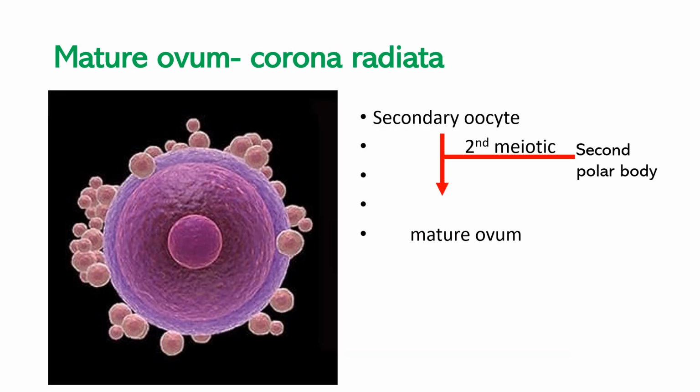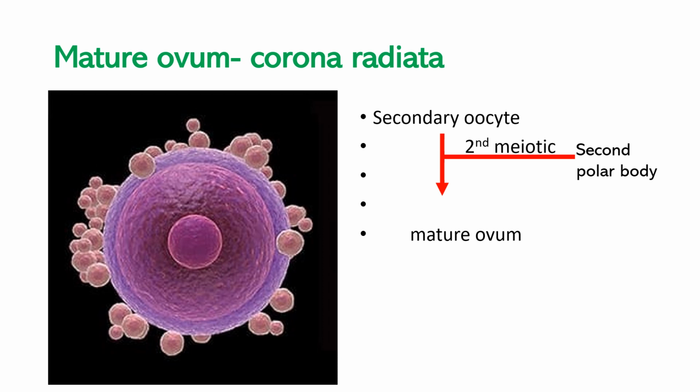The cells which surround the primary oocyte disintegrate, and the cells surrounding the zona pellucida form the corona radiata. When you see the steps of oogenesis, the secondary oocyte undergoes second meiotic division and forms a mature ovum.